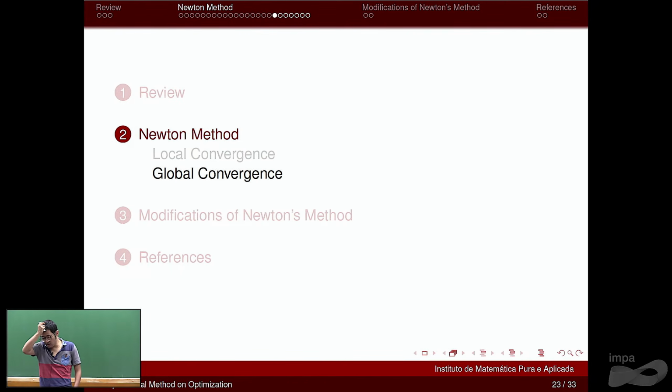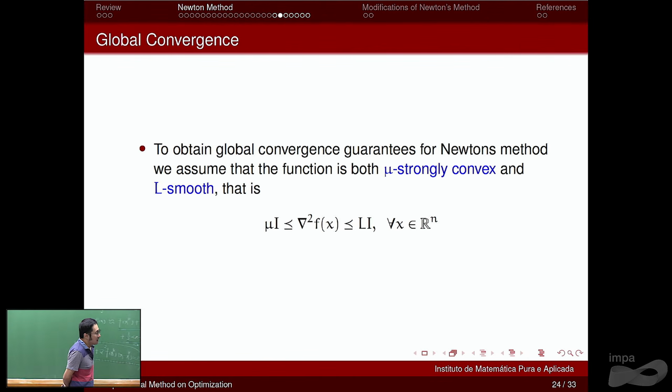Beyond the local convergence, which means the Newton method converges very fast, much faster than the gradient methods, we can also have the global convergence. To get the global convergence, the Lipschitz continuity of the Hessian is not enough. We need an even stronger assumption, which is called strong convexity.